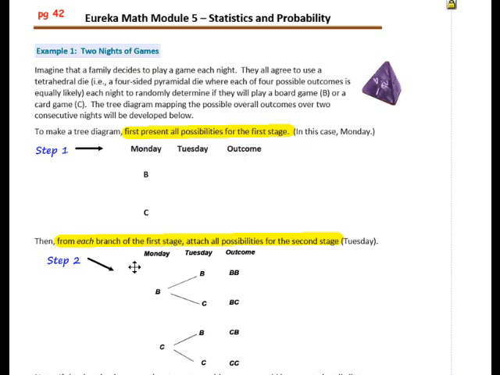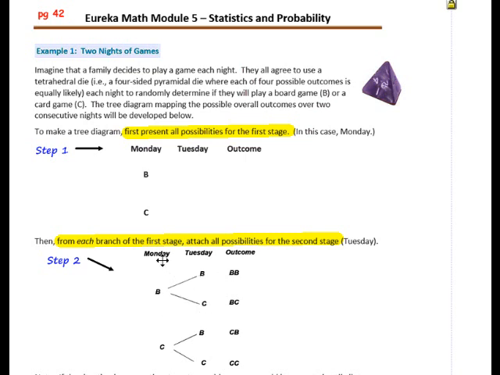Then from each branch of the first stage, okay, so this is a branch in the first stage, and then from there we're going to go to Tuesday. So step 2 is from each branch of the first stage, attach all possibilities for the second stage, which is Tuesday. So on Tuesday, they could play a board game or a card game.